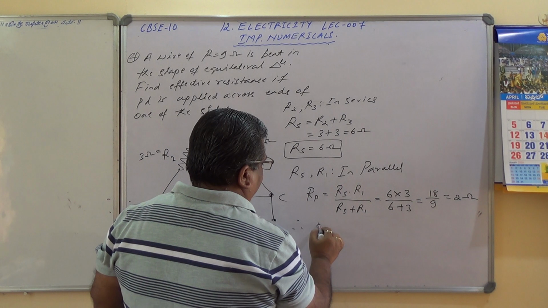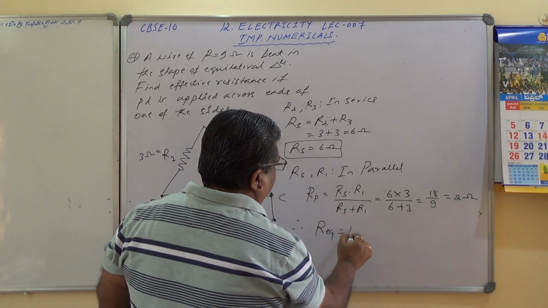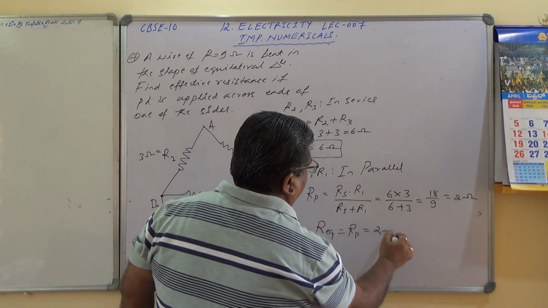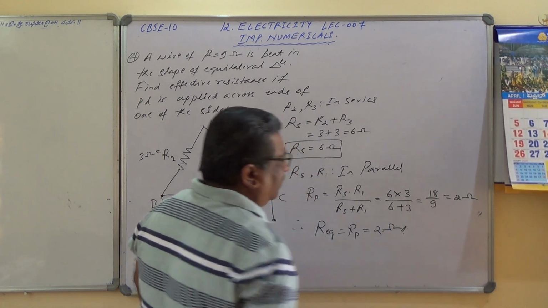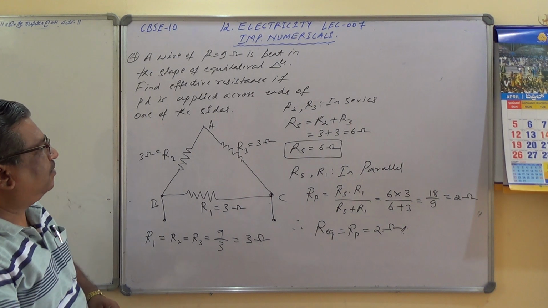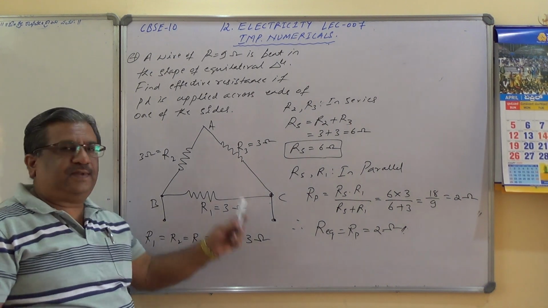Therefore, R equivalent equals Rp equals 2 ohms. I hope you are able to understand. This is how we calculate the equivalent resistance of the circuit over here.